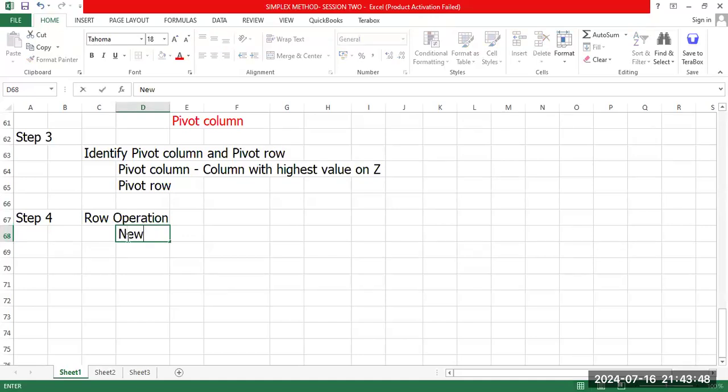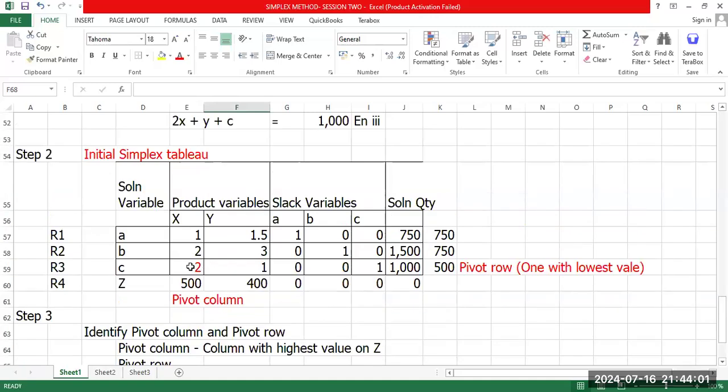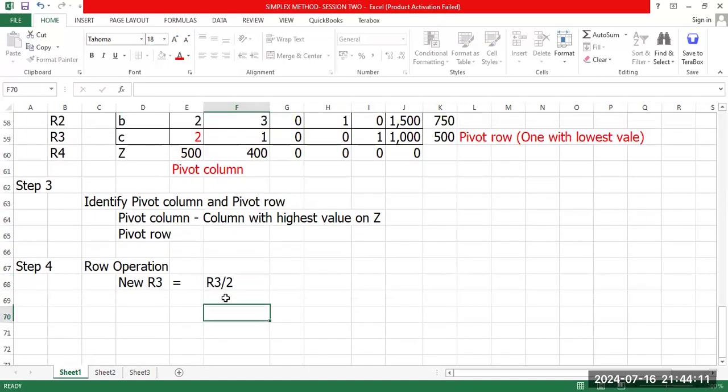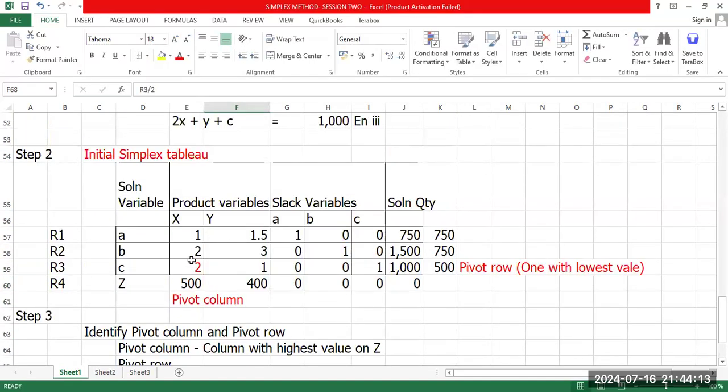I will need a new row, new row 3, and it will be equal to the row I want to change, which is row 3, divided by the figure I want to change. I want that figure to appear as 1.